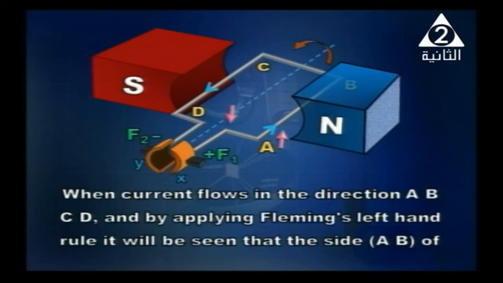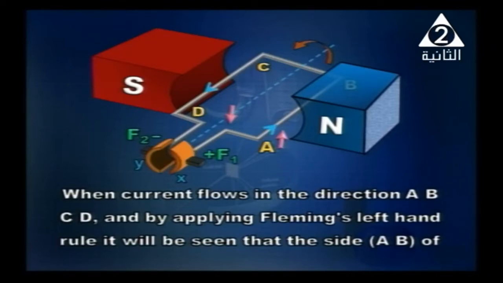When current flows in the direction AB, when current is allowed to flow in the coil, side AB and side CD are acted upon by two forces. If we want to determine the direction of the force, all you have to do is to apply Fleming's left-hand rule.